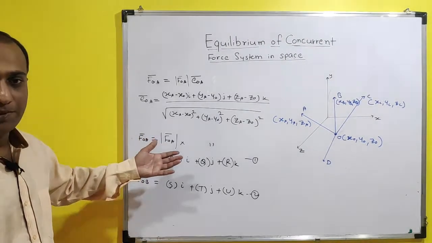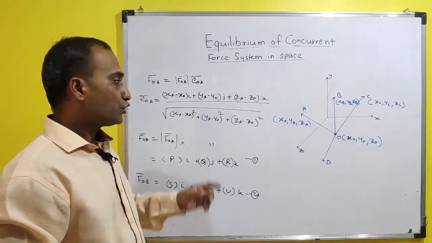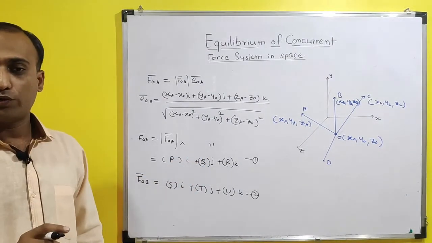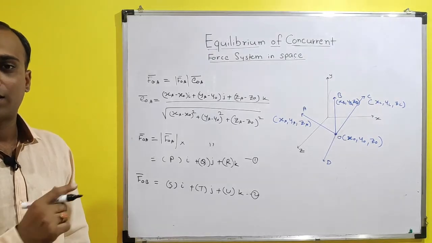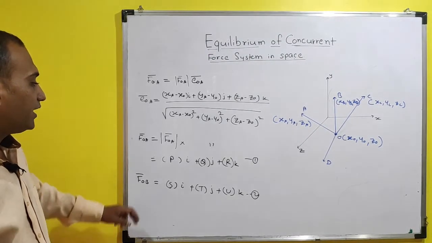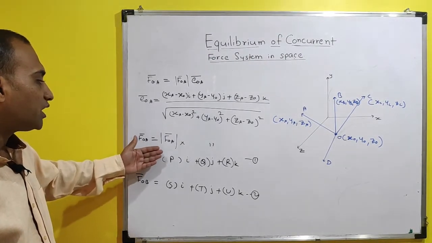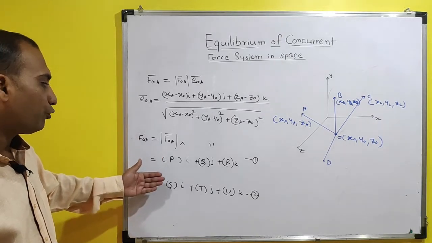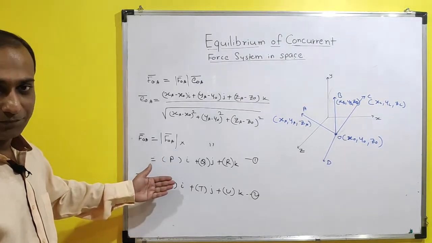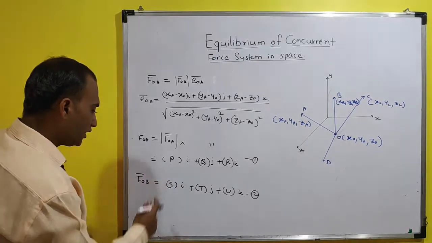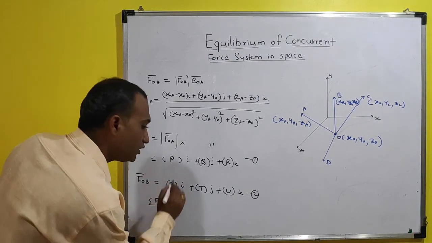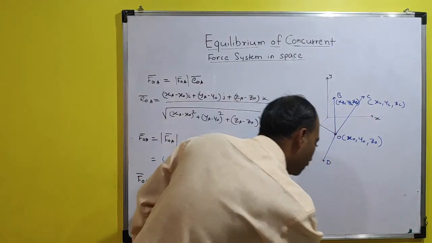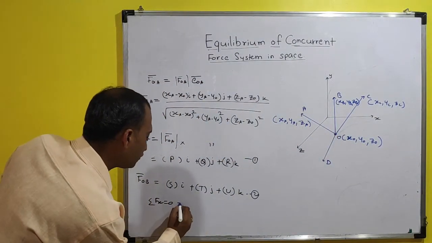Now the system is in equilibrium. This is the concurrent force system. So in the concurrent force system, what do we know? Summation Fx is equal to 0, summation Fy is equal to 0, and summation Fz is equal to 0. Hence you have to take the summation of all the x components along the x direction equal to 0.